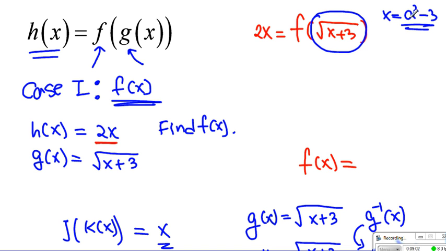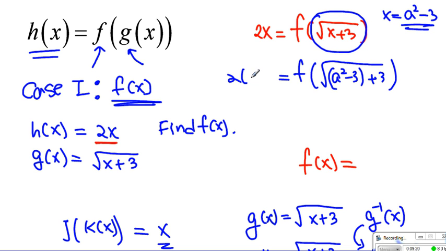So if you substitute a squared minus 3 in both places, then we would have gotten f of square root of a squared minus 3 plus 3 has to be equal to 2 times a squared minus 3. Then, as you can see, the subtraction of 3 with the addition of 3 will cancel out, and the square and the square root also will cancel out.